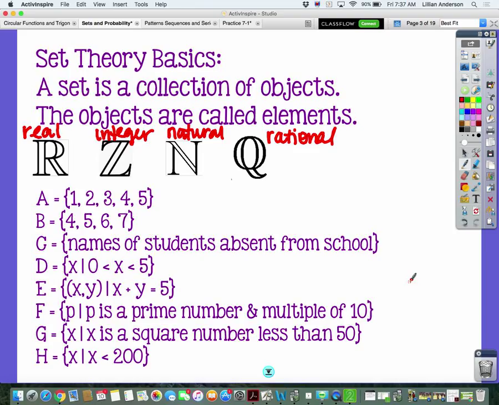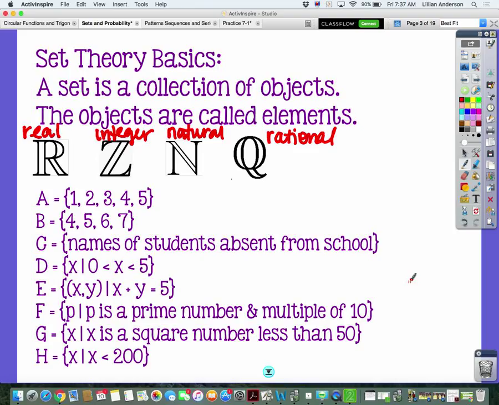If you look at D and H, all you're looking at is the set of x values that are between 0 and 5, or the set of x values that are less than 200. It doesn't say that they're integers or rational numbers or just your counting numbers, et cetera. So D and H are examples of sets that are not precise.